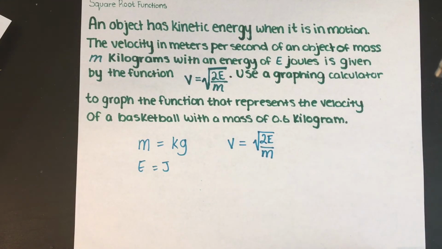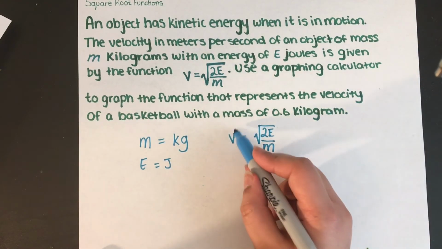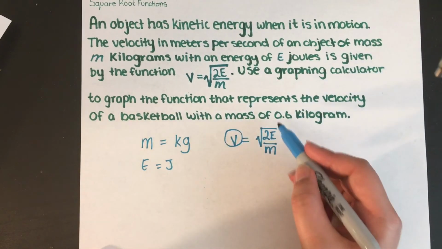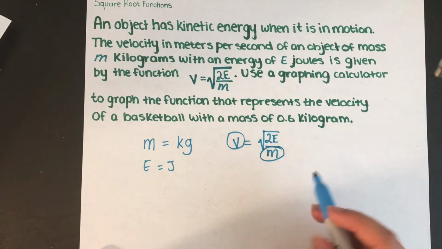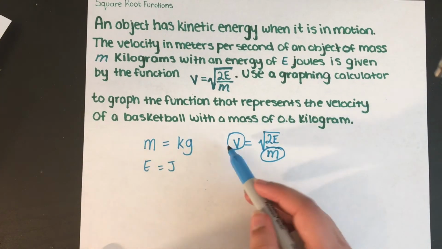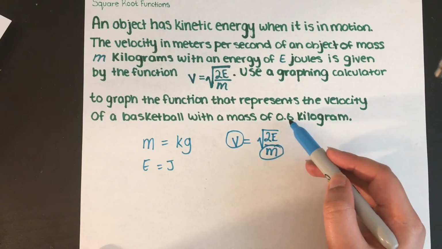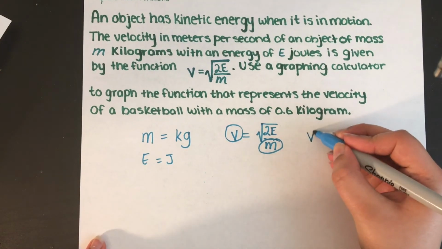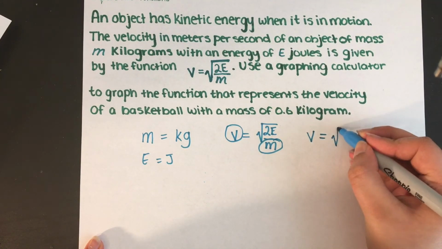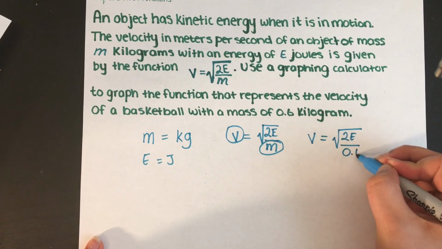And all it's asking us for is to find the velocity, v, of a basketball with a mass of 0.6 kilogram. So since it says m is kilograms, we have to substitute this m for 0.6. That makes it a little bit easier. So v is equal to root 2e divided by 0.6.